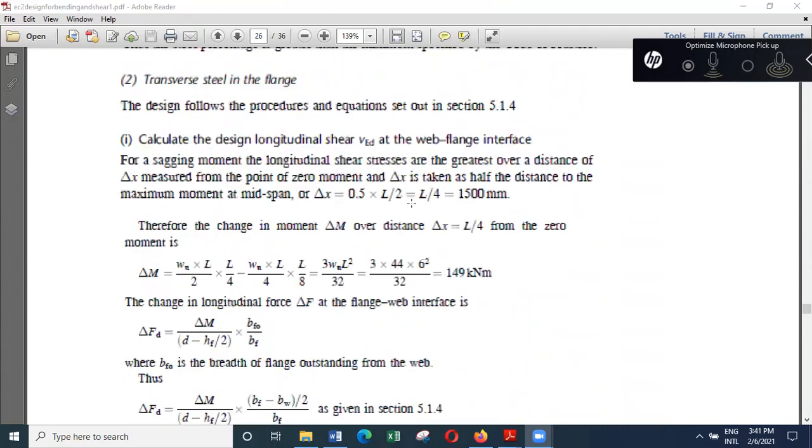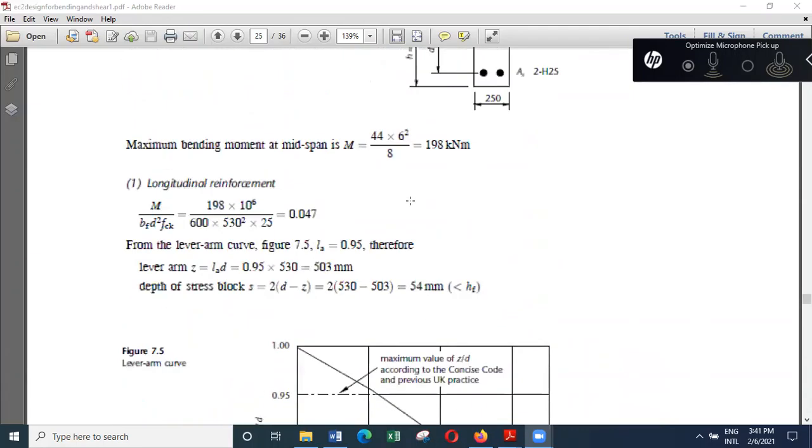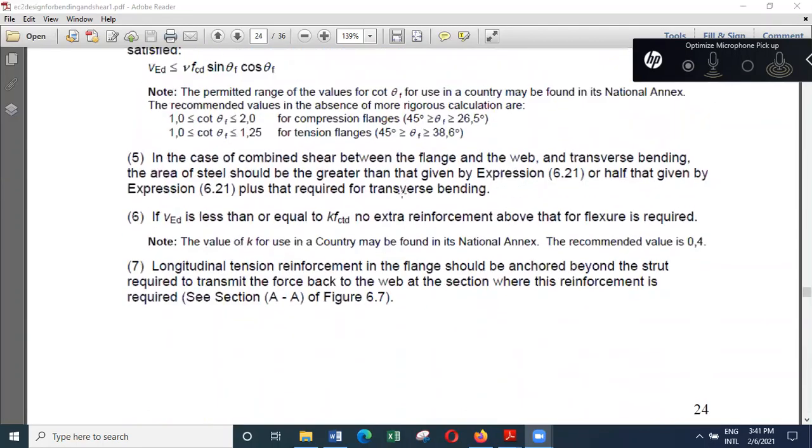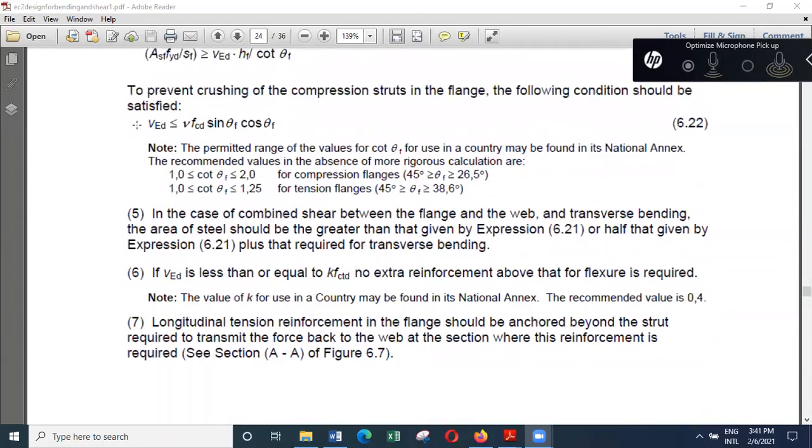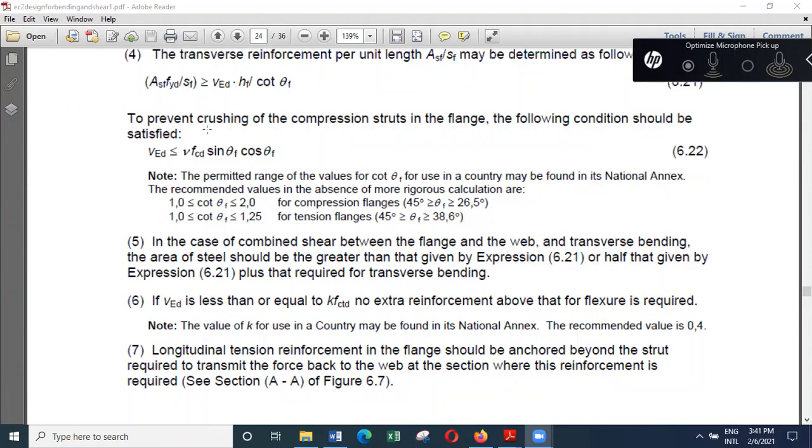So the maximum stress in concrete is given by this equation. And nu is 0.6 times (1 minus fck over 250), and fcd is fck divided by 1.5.